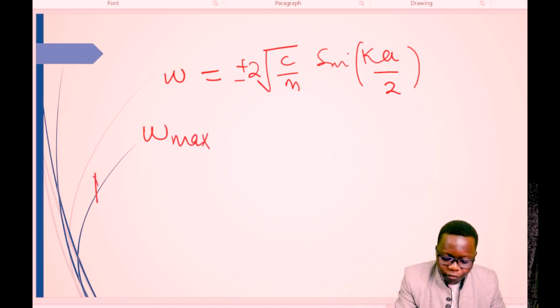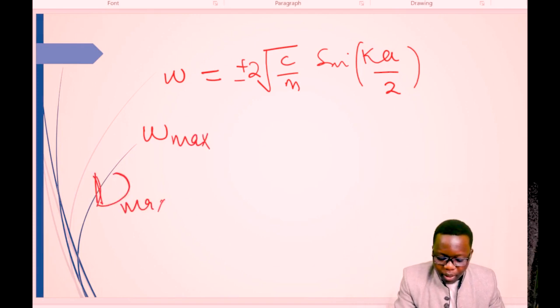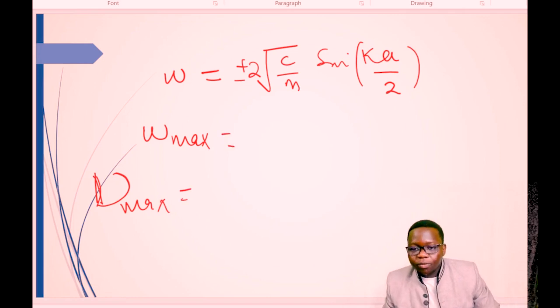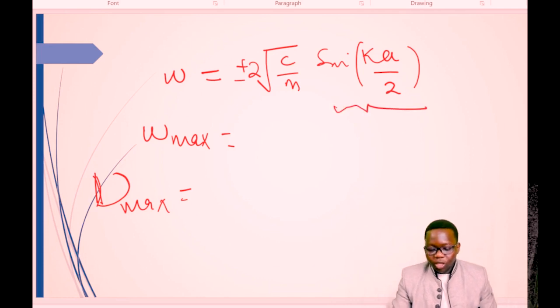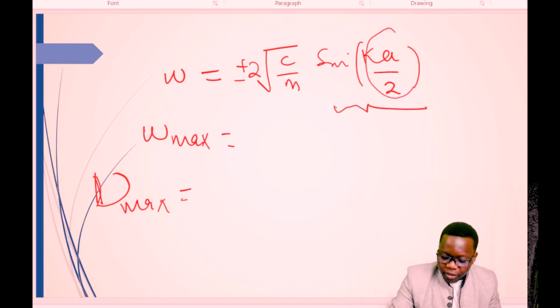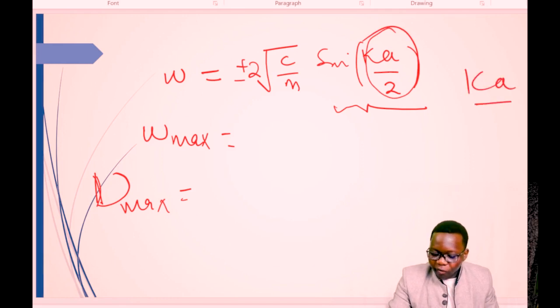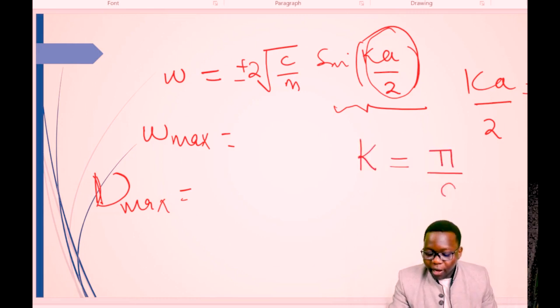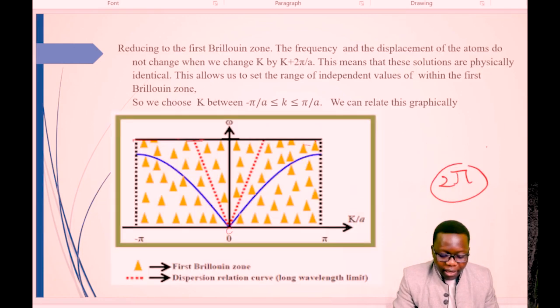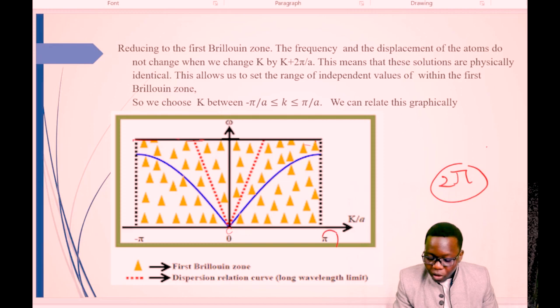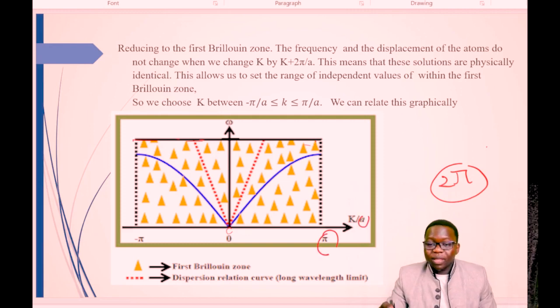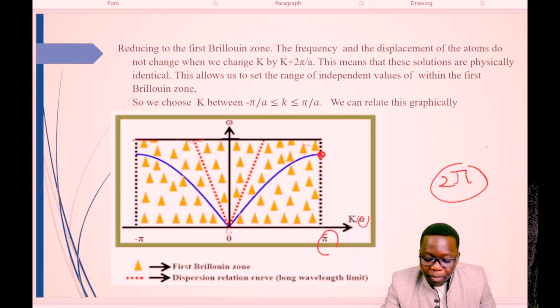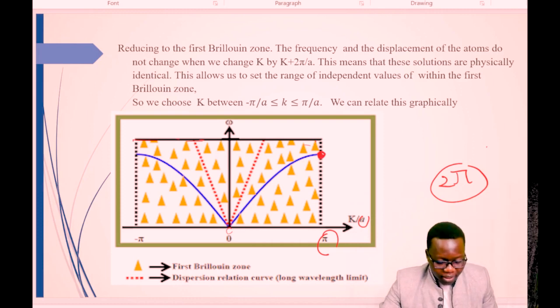Some books say frequency is maximum. It's all the same. It is maximum when this sine is 1. Which condition gives this to be 1? Meaning ka over 2 must be equal to pi over 2, so k must be pi over a, which you have graphically here. That must be the value of k for it to have the maximum value possible. So that's what happens at maximum frequency.